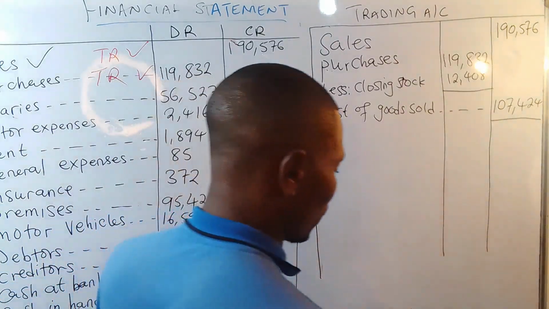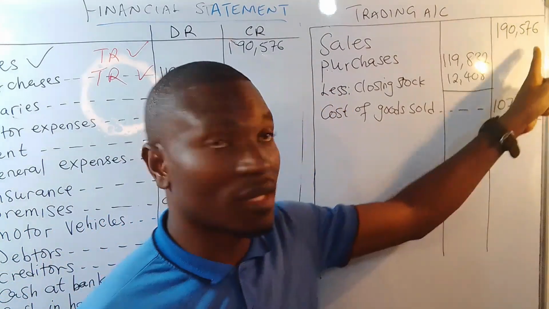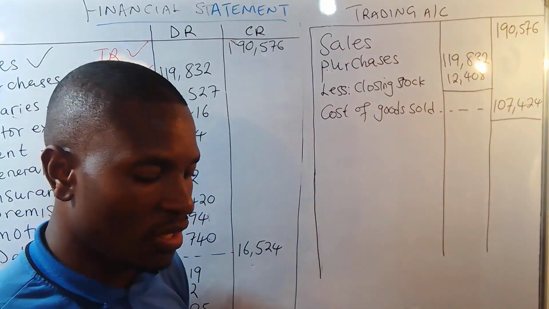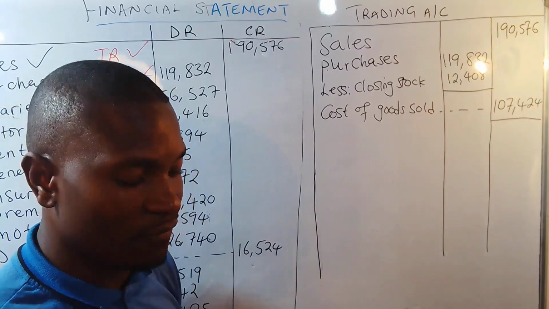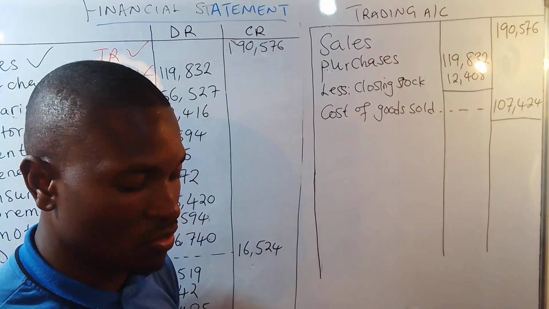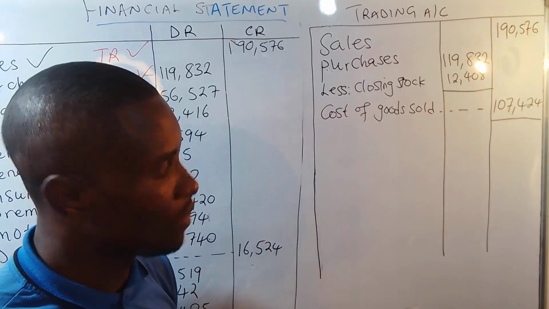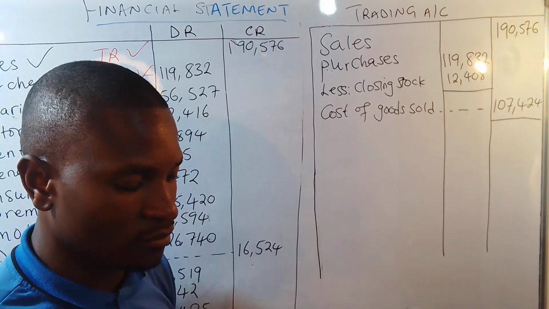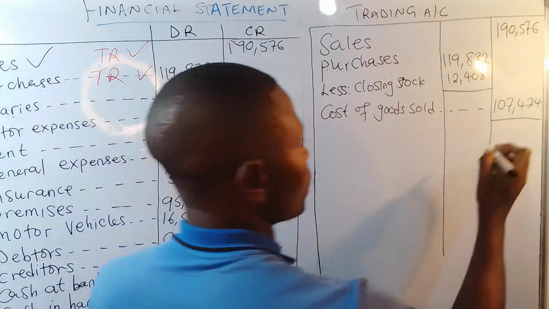Okay, so from there now we're going to say this minus this one. So we're going to have 190,576 minus 107,424.